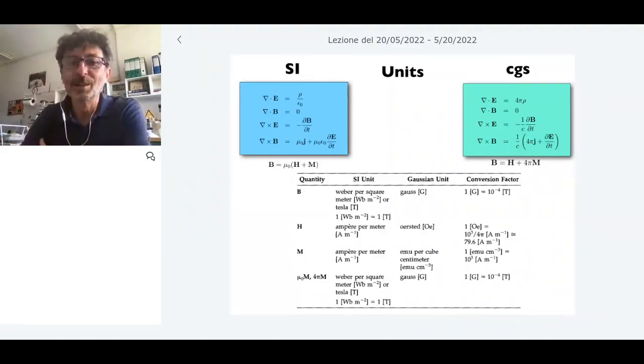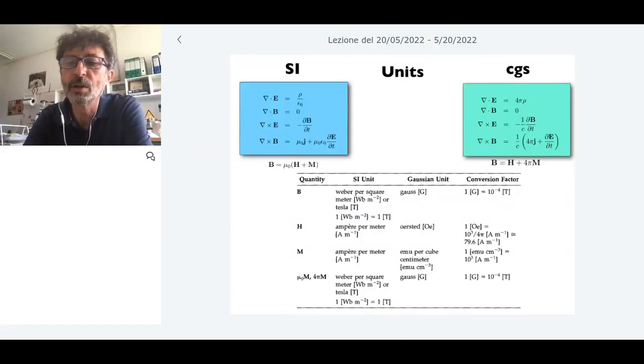So while we write that the divergence of the electric field is equal to the charge density divided by epsilon 0, in the CGS we put 4 pi times the charge density. Then in the CGS, you also change the fourth, and you use explicitly the speed of light.